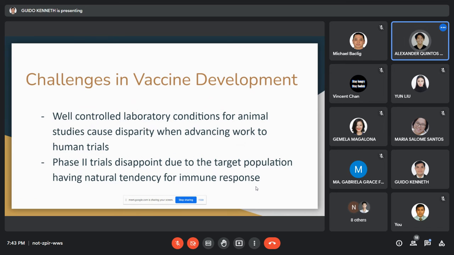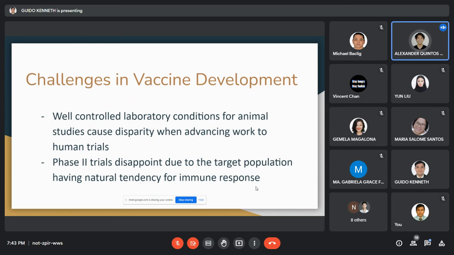This is because there is a high prevalence of chronic or immunosuppressive infections. Some volunteers in the phase 2 trials are very young or very old, have poor nutrition or are obese, have pre-existing immunity to the vaccine vectors, and some of them have natural exposure to organisms antigenically similar to the pathogen.